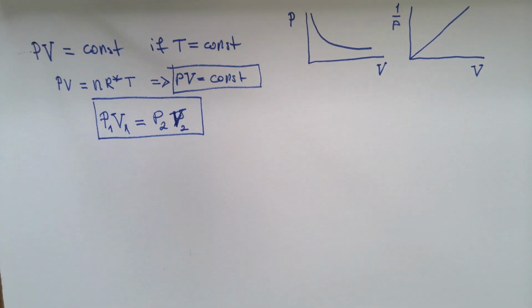Boyle's law can be used to explain breathing. How does this law explain the process of breathing? Well, quite simple actually. Our lungs have certain volume. What do we do when we want to inhale air? We expand our lungs. That means we increase the volume of our lungs.